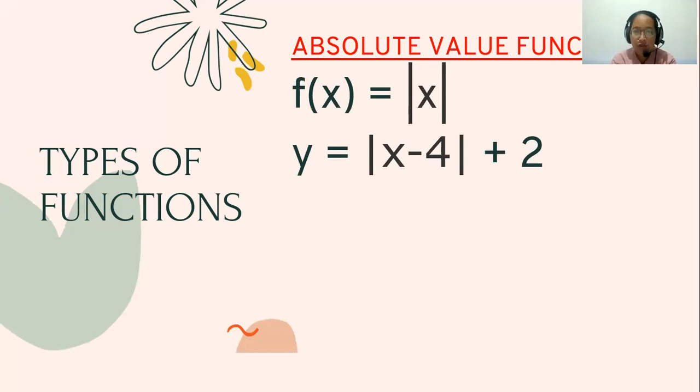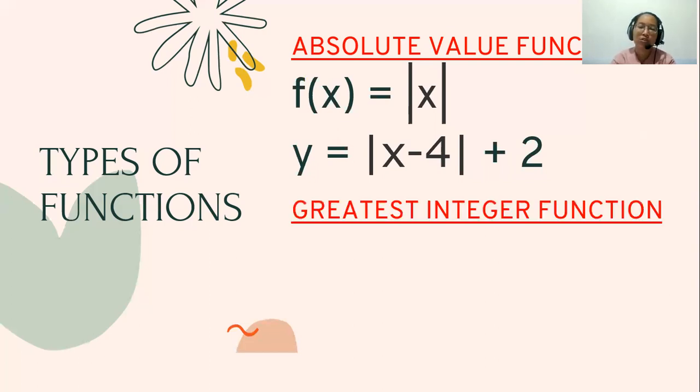Any function that involves absolute value is an absolute value function. As for our example, we have y equals the absolute value of x minus 4, plus 2. Please take note that only the expression x minus 4 is inside the absolute value symbol.